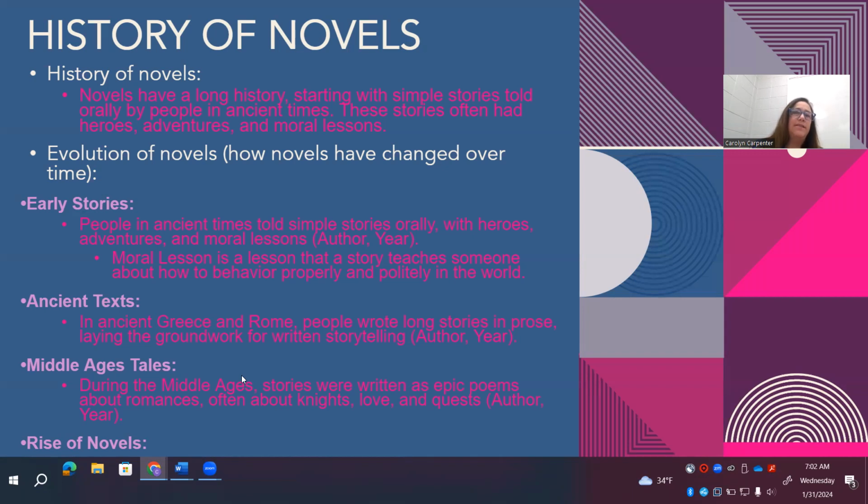So at some point, these sentences turned into very long paragraphs. And then in the Middle Ages, stories were written as epic poems about romances, often about knights, love, and quests. So a quest is like when somebody sends you out to do something. And it could be like an adventure, okay, or really dangerous.